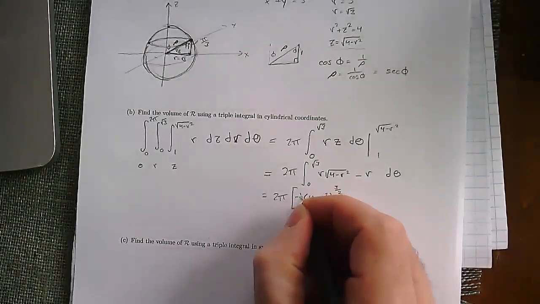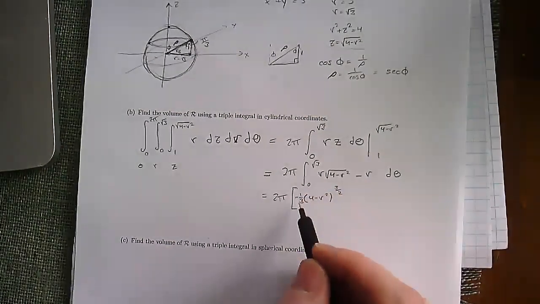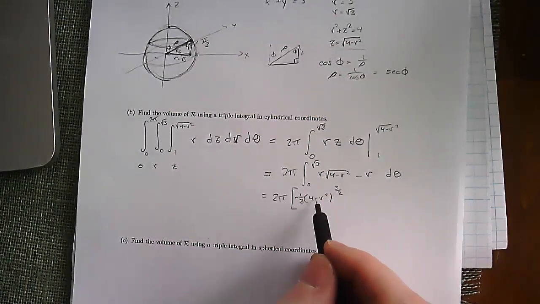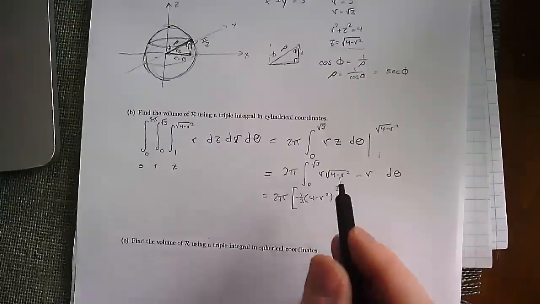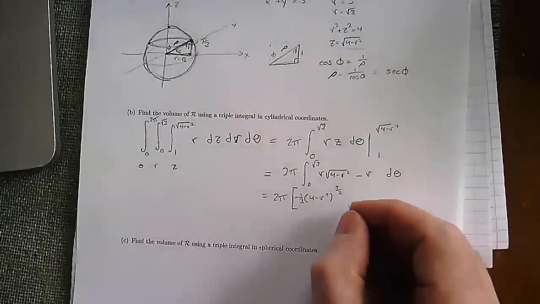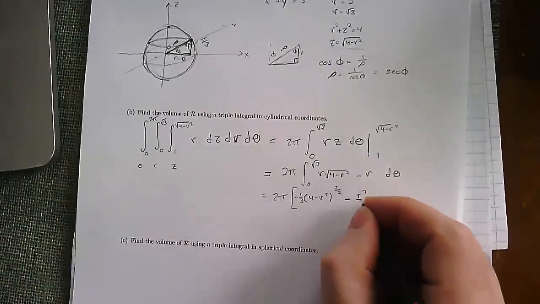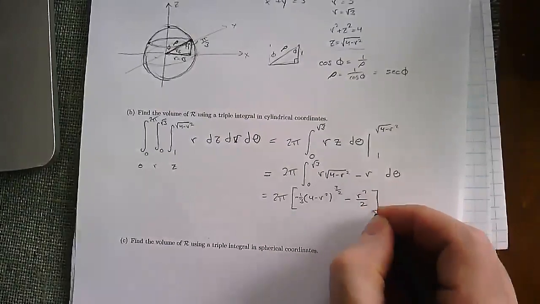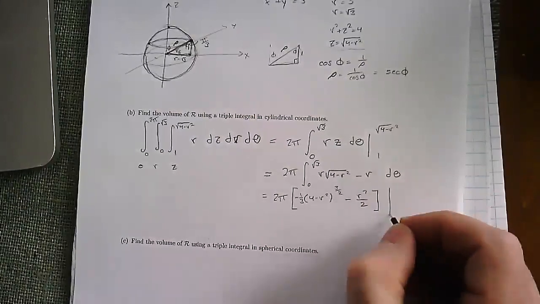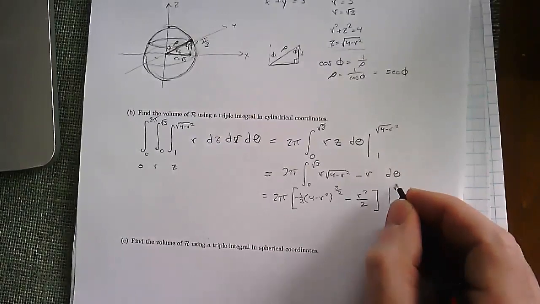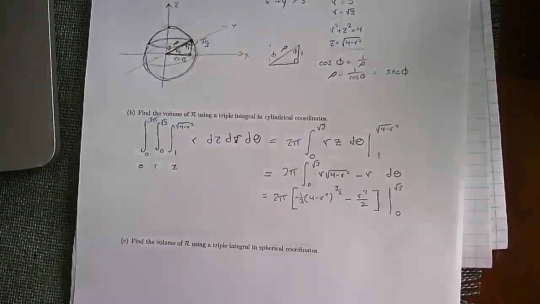Let me check that. 3 halves comes down, multiplies by negative 1/3, so we get negative 1/2 times negative 2r gives us positive r, so that looks good. Minus r squared over 2. And those are being evaluated at the endpoints of root 3 and 0.